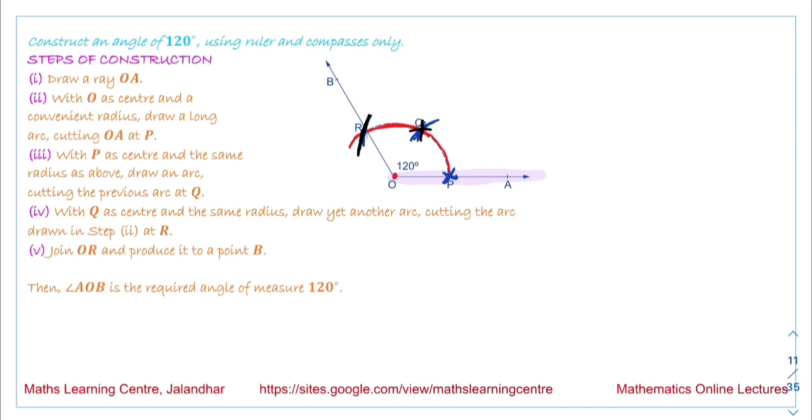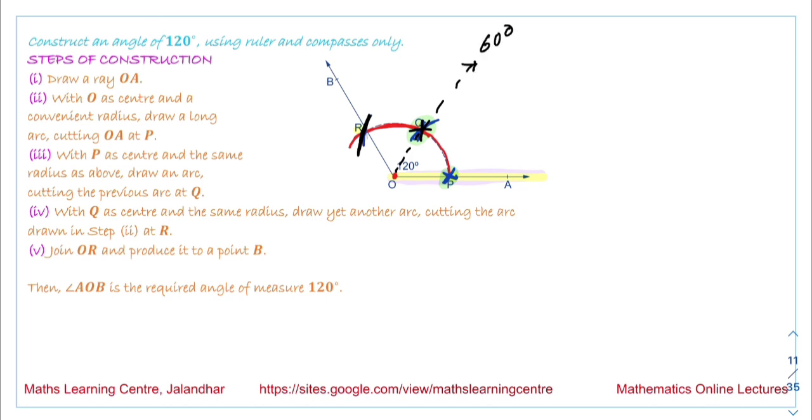So now what we have is this line OA, and we have drawn an arc PQR in the first step. Then by keeping the compass at this point P, we have drawn this arc intersecting at Q. So this angle over here, as we have seen earlier, was 60 degrees.